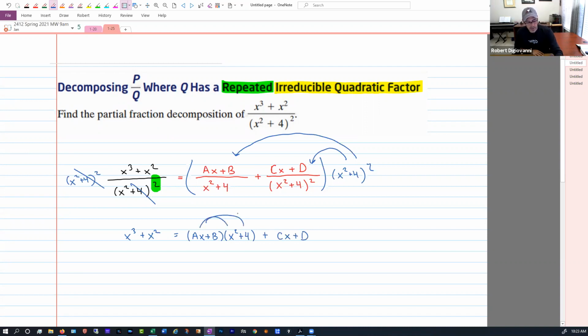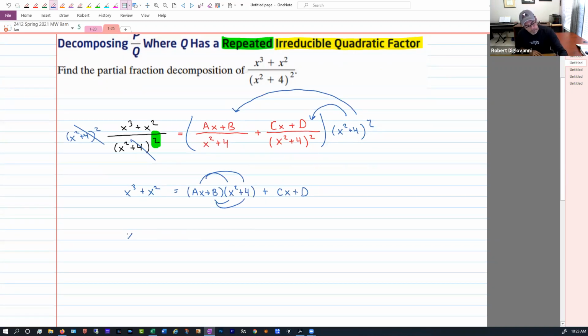Then I FOIL here. Okay, ax cubed plus 4ax plus bx squared plus 4b plus cx. I know I'm moving fast, but I hope that you have caught on to the idea here.